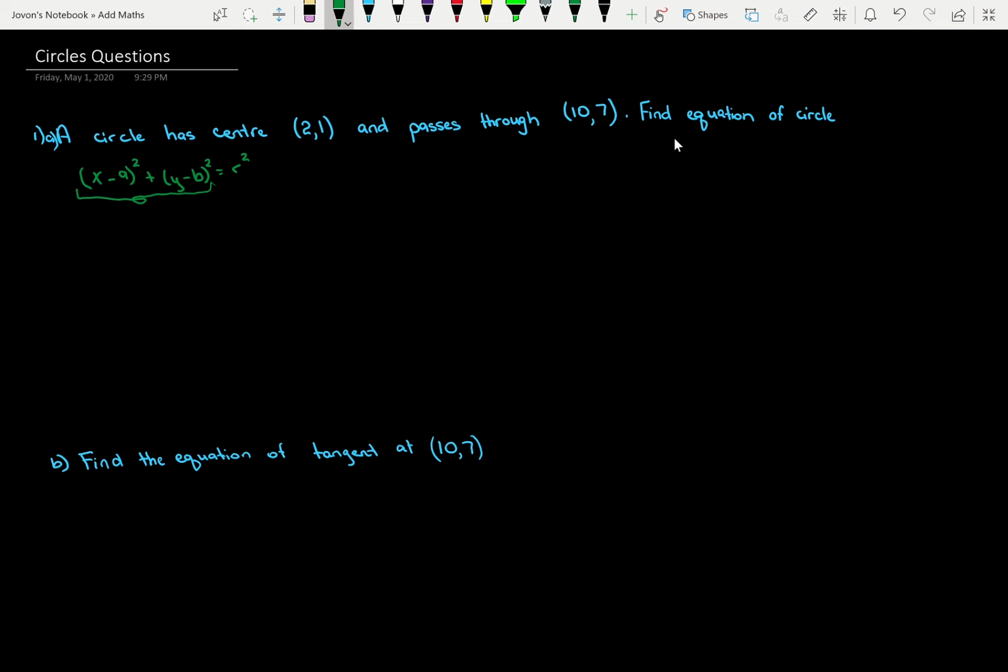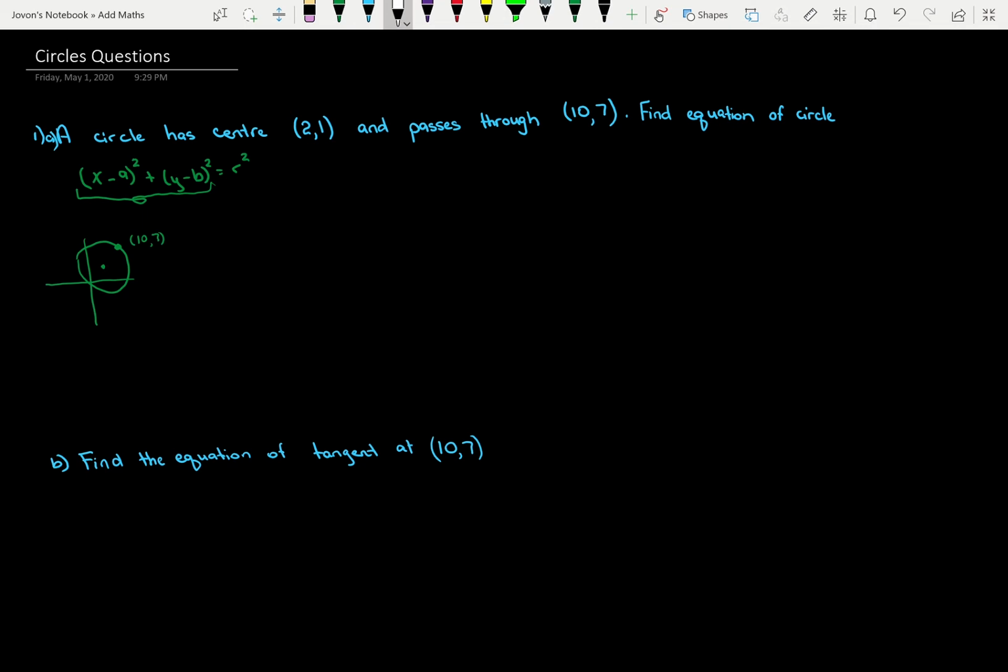Now, they give us the circle here. This is the center, (2, 1), and we know it passes through the point, let's say somewhere here, (10, 7). How do we find the radius?